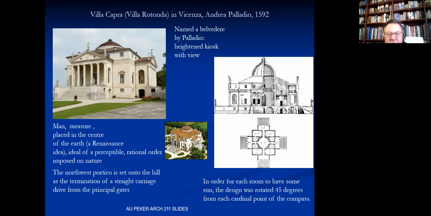man is the measure. He is at the center in a villa. This is a Renaissance idea, putting man at the center, and the purpose of the villa is to put him at the center. There is a rational order imposed on nature by means of architecture. Then architecture is a medium here. They really used architecture as a medium, like in the Gothic age.